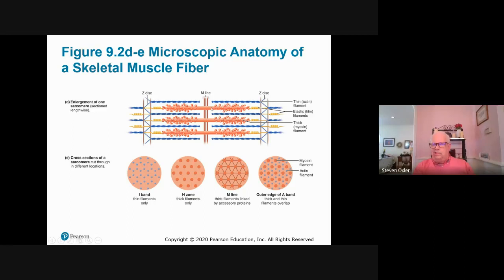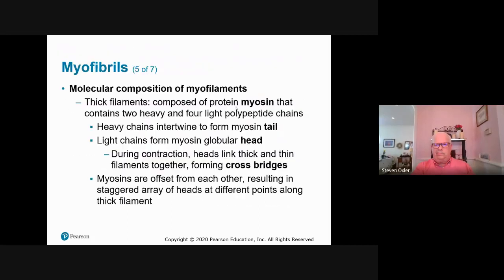When the muscle contracts, these filaments are the reason the muscle contracts. We'll talk about the sliding filament theory of contraction. Basically, the thick filaments, which is the protein myosin, has a head and a tail. During contraction of a muscle, the head links thick and thin filaments together.